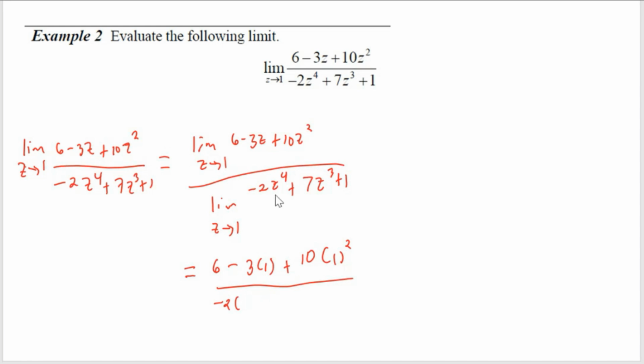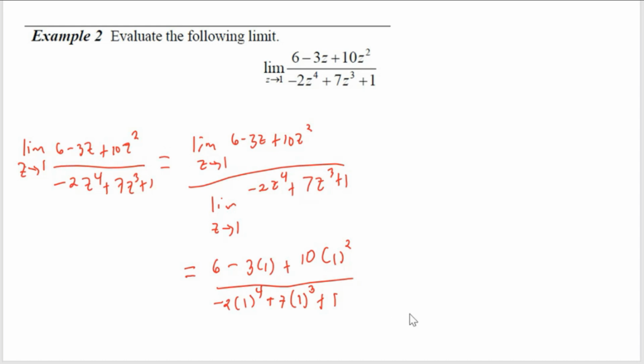So we substitute the value, that now is 1 raised to the power of 4, plus the limit of 7z cubed. So I will write first the coefficient of 7 times what is the limit of z cubed as z approaches 1. So that's also 1 to the third power, plus what's the limit of a constant, which is equivalent to 1, as z approaches 1. So therefore, the answer is 1.